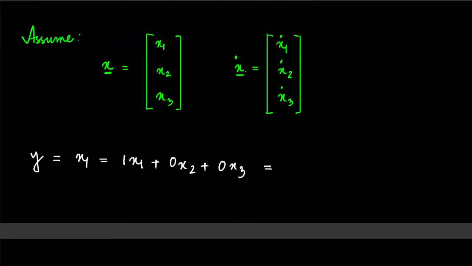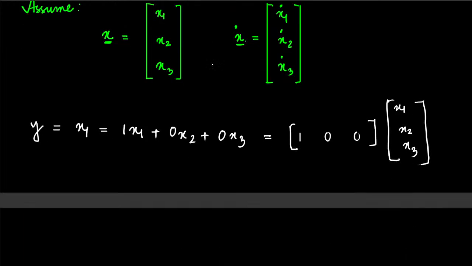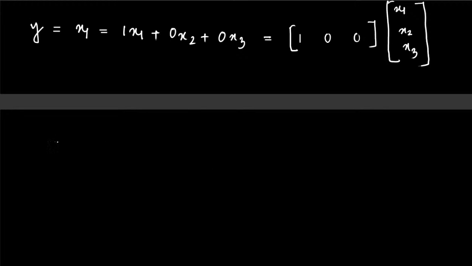That way we have this expression, 1 0 0, times x1, x2, x3, where this column x1, x2, x3 is essentially x. Therefore this equation becomes y is equal to 1 0 0 times x.